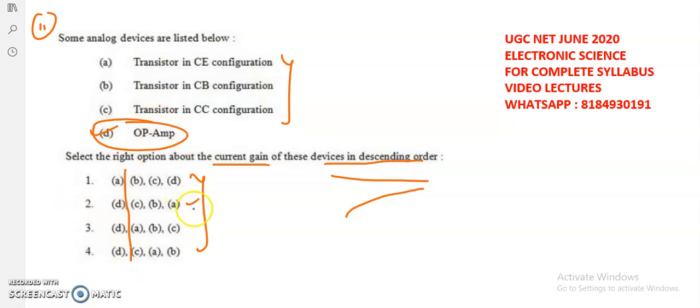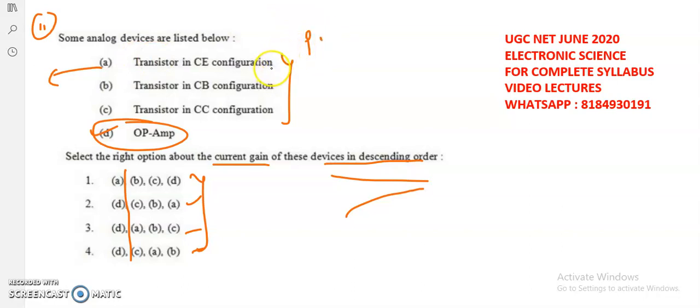But how many options start with D? Three options are there: 2, 3, and 4. After D, out of the BJT configurations, which one provides the best current gain? The common emitter configuration, right? That is beta.